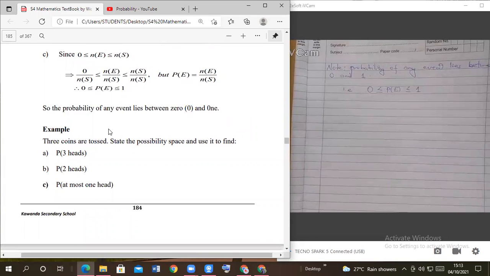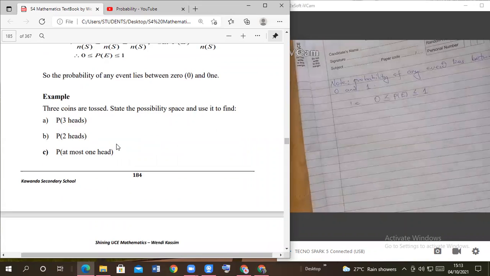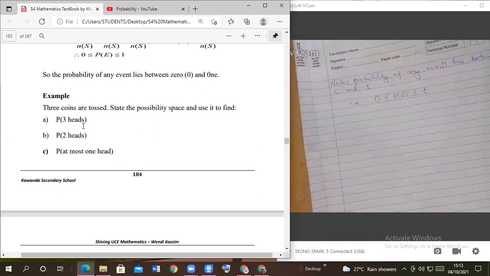Now let's look at these examples. They're saying 3 coins are tossed. This time we have how many coins? 3.